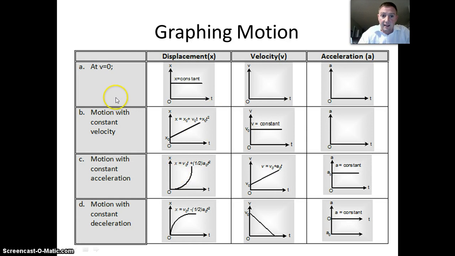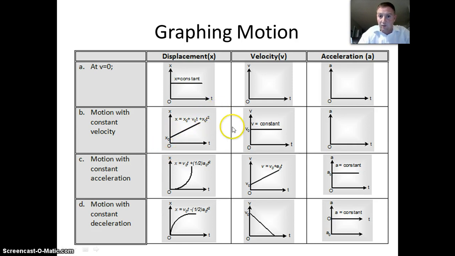All right. If I have constant velocity, my position is going to increase over time. And if it does so in a straight line, it means my velocity is constant. What is my velocity? I don't know what it is, but it's definitely positive because I'm moving away from the origin. Okay. My frame of reference, here's my origin.